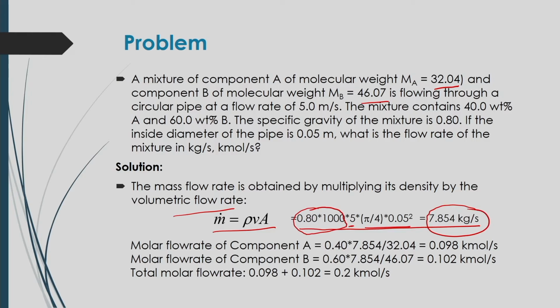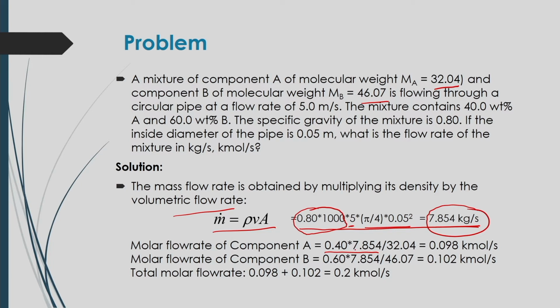So, the molar flow rate of component A can then be calculated. First, what should be the mass flow rate of component A? Since component A is 40%, you can just multiply the total mass flow rate by its composition, that means here the mass fraction, then it will come as 0.40 into 7.854.